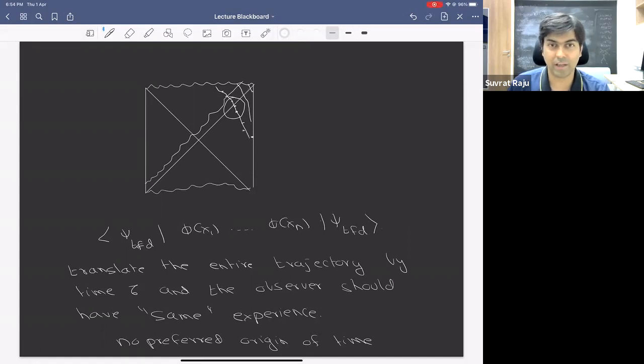So if someone said the thermofield double state is only dual to something like this, which is clearly very asymmetric and doesn't make sense, then at least they could get rid of this problem, because it's no longer true that the experience of the infalling observer is the same here and here. Here the boost is different and here the boost is different.